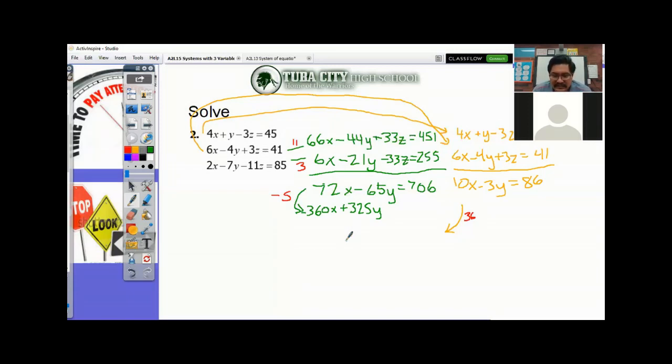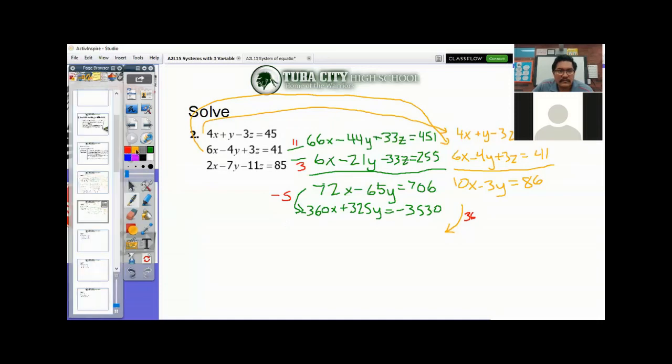And 706 times 5, so that's going to be 3,530, and that's also going to be a negative. Darn. I should have put in that negative a little bit better. Normally, whenever I do this, once I know it's going to be a negative, I put that in first. Now I'm just sort of messing up, putting all sorts of numbers in there. Okay, there we go. Finally.